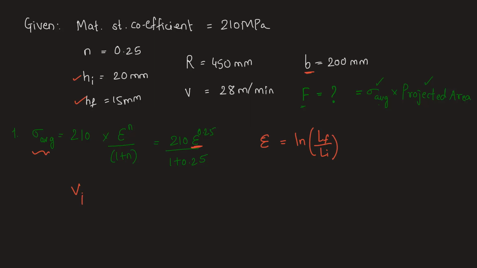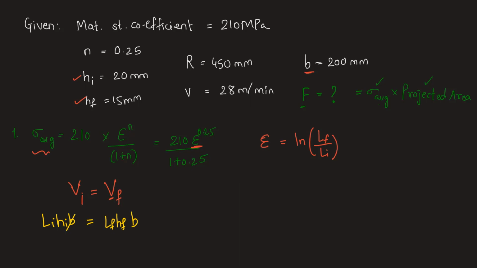So we can write capital V initial is equal to capital V final. This volume can be written in terms of length, breadth and height. So it will be Li, Hi, Bi, which is nothing but B, equal to Lf, Hf into Bf, which is B again, because width remains the same.